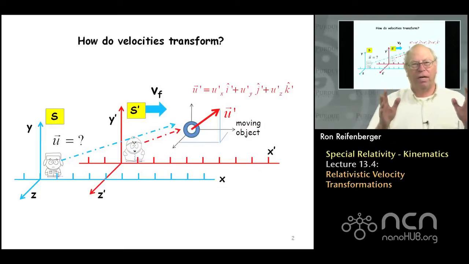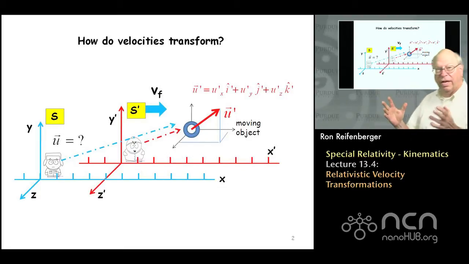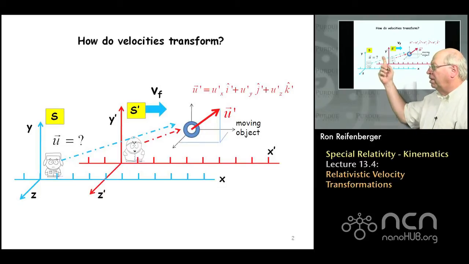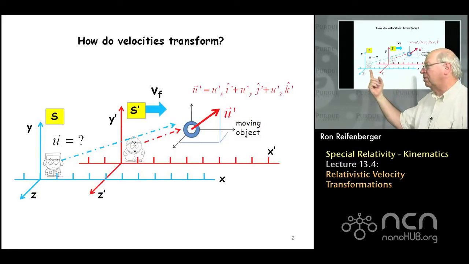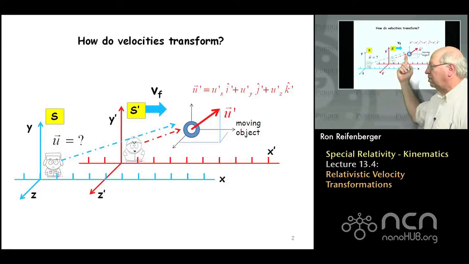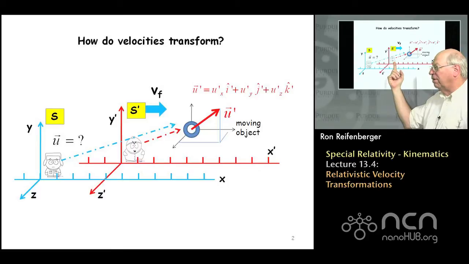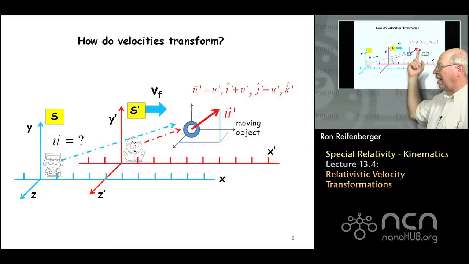To set up the problem, this is our standard arrangement. We have two reference frames. One reference frame S prime is moving at a velocity v sub f relative to reference frame S. Both observers see an object that's moving, and the observer in S prime measures the velocity component u prime of this moving object using the rulers and the coordinate system he sets up.